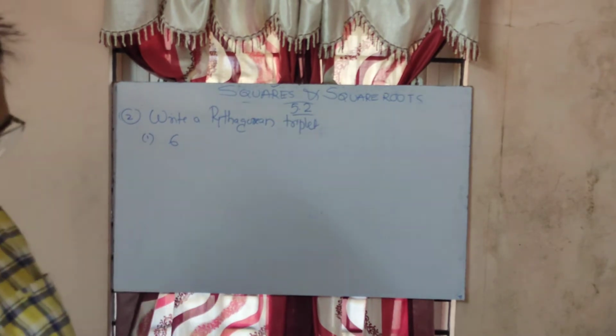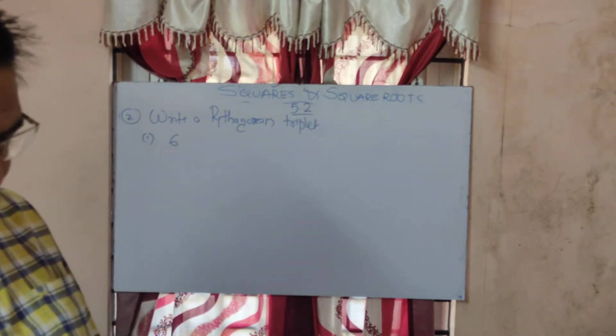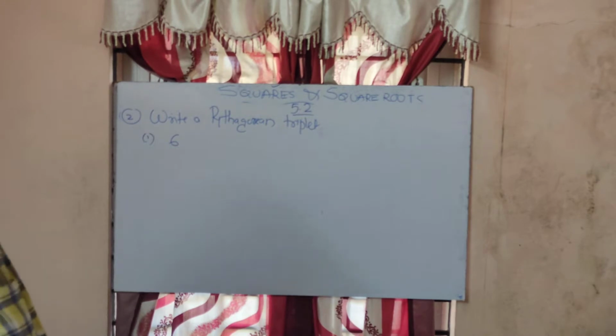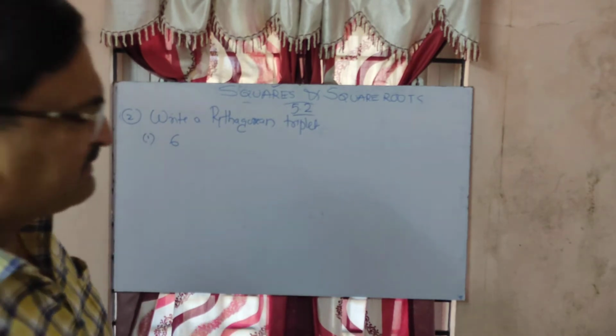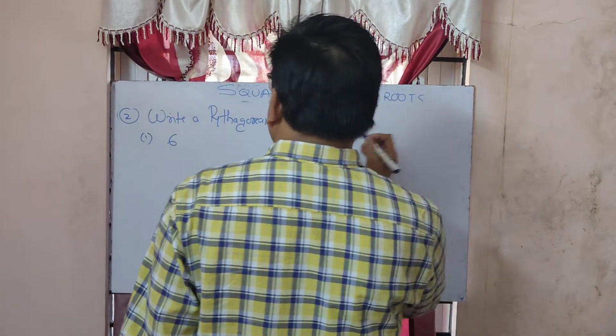Okay now, you have to find. So one number is 6, and we don't know the other numbers. What are the three numbers?